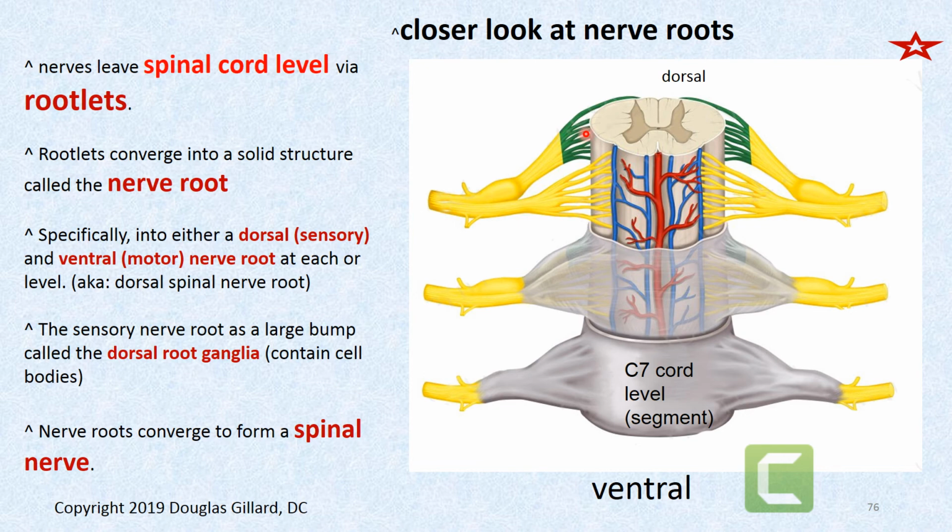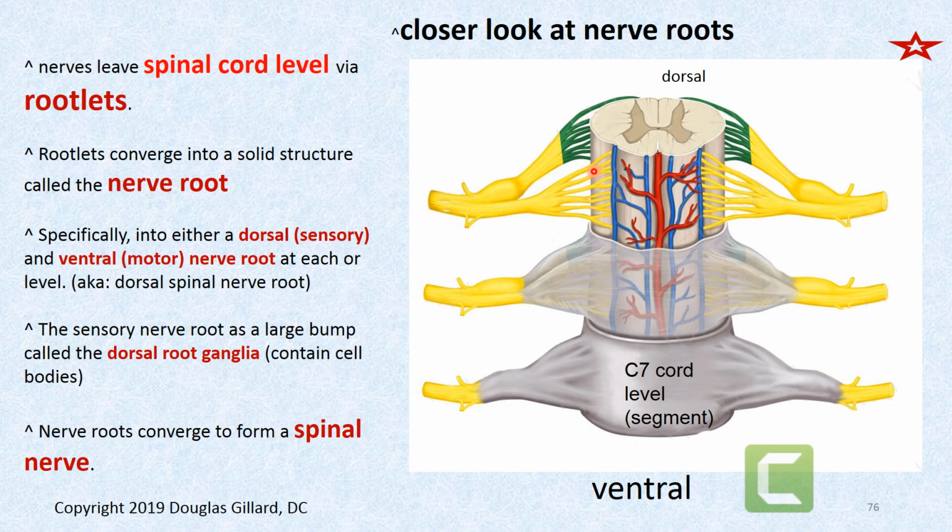Okay, so these are called nerve rootlets. The nerve rootlets morph into nerve roots. Specifically, we can call this the dorsal sensory nerve root, or you could just call it the dorsal nerve root. It's given that it's sensory. You can mix and match all these terms, so you could see it any way.